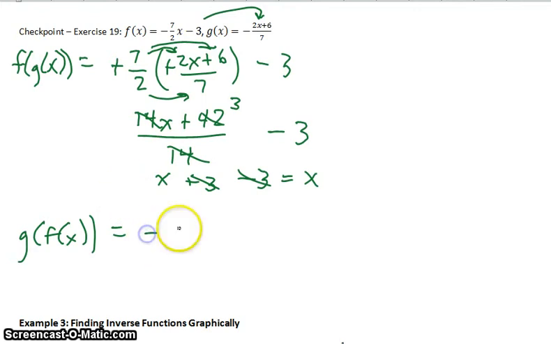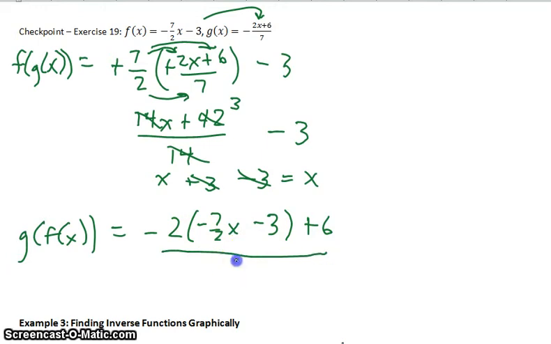So what I have is negative 2 times negative 7 halves x minus 3, plus 6, all over 7.